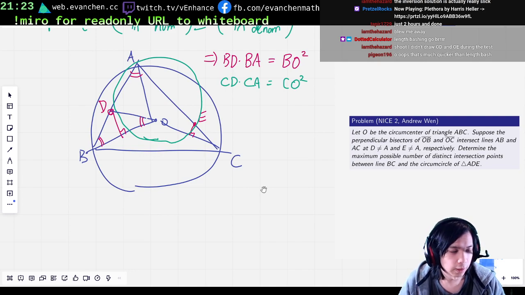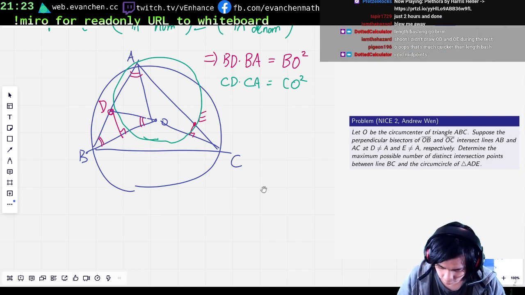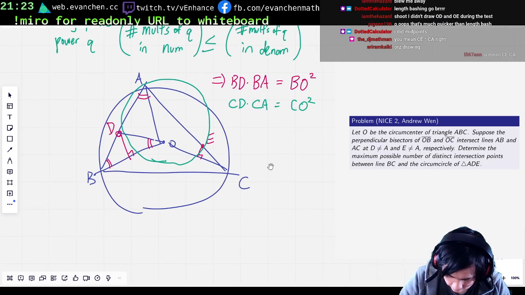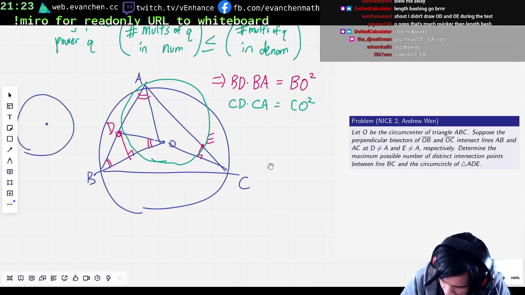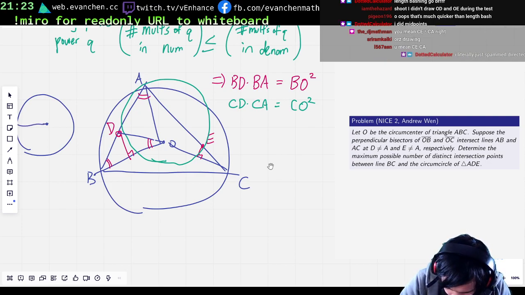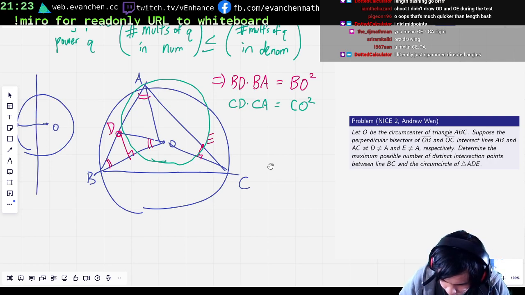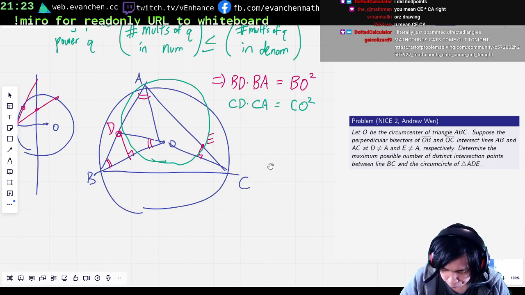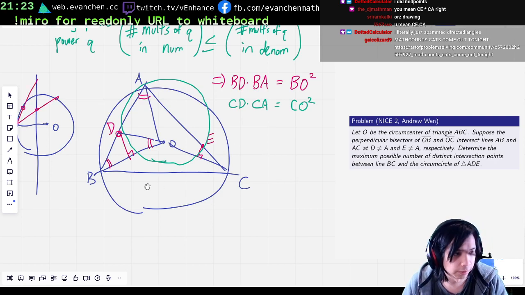I want to do a power of a point statement, but I want to be a little bit careful because of possible configuration issues. So I will quickly make a side remark: if I look at BO, here's B, here's O, and this perpendicular bisector, for any point on the circle, regardless of where A is, B will always be outside the segment AD.